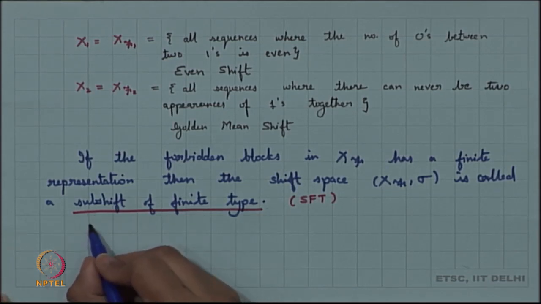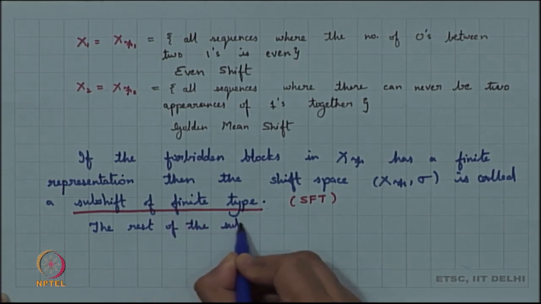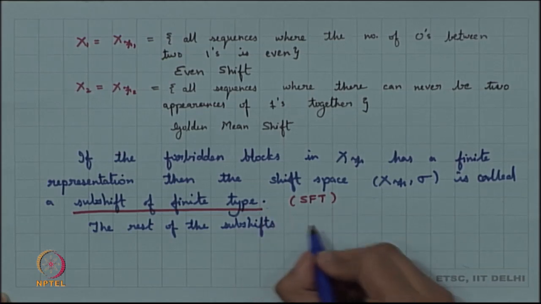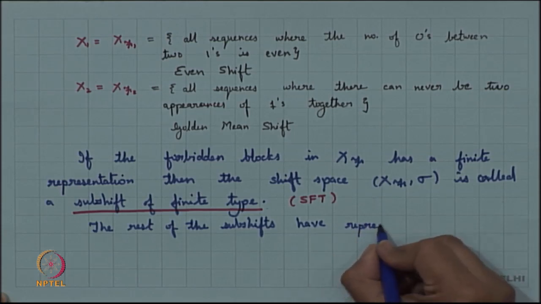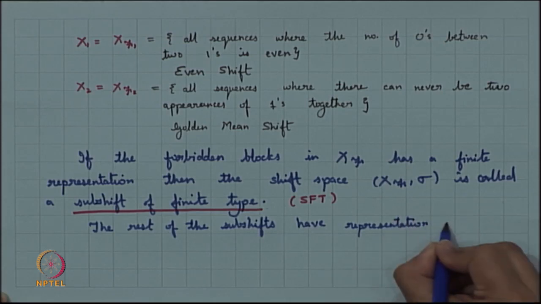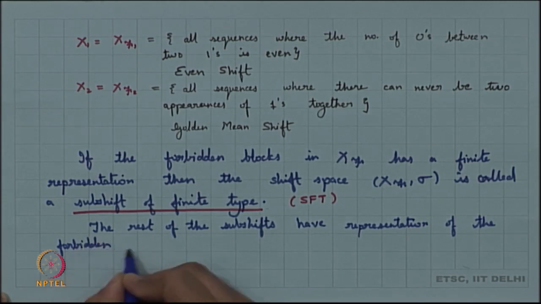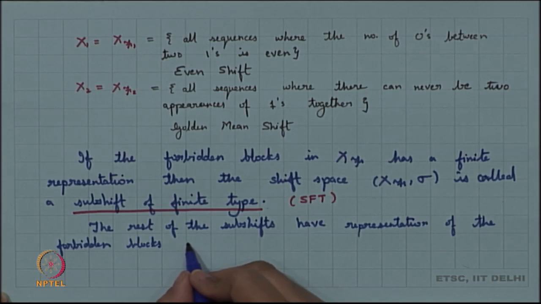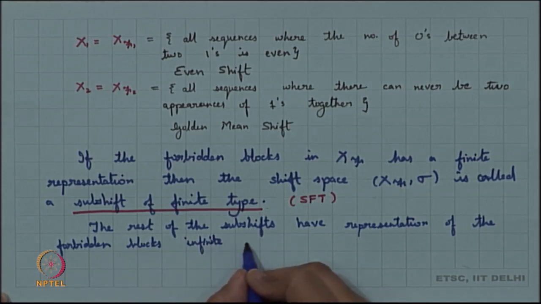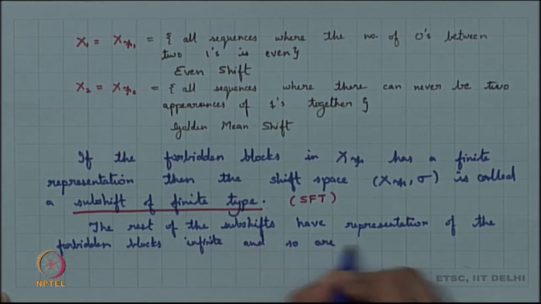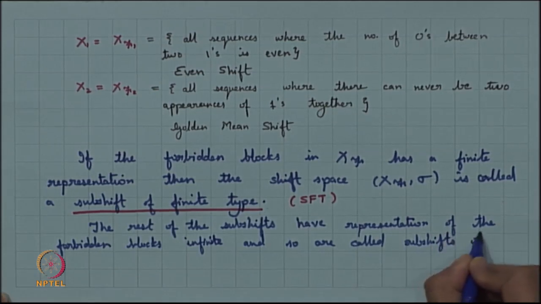The rest of the subshifts have an infinite representation of the forbidden blocks, and so are called subshifts of infinite type.